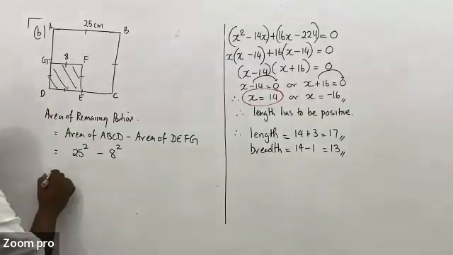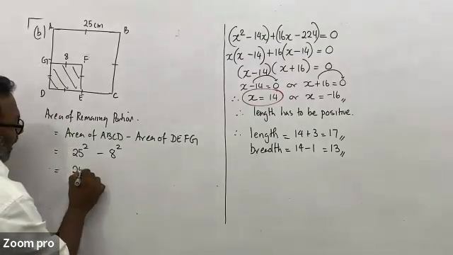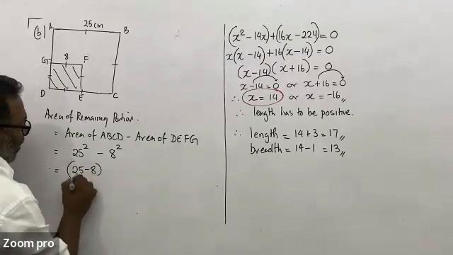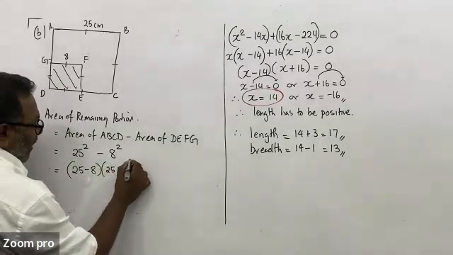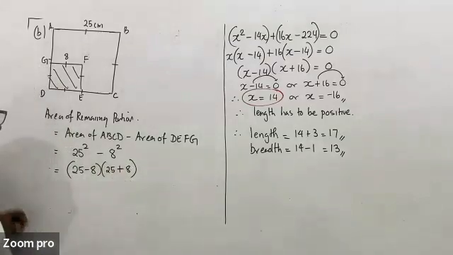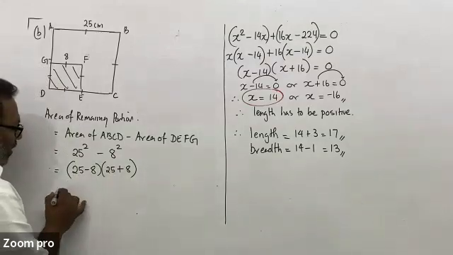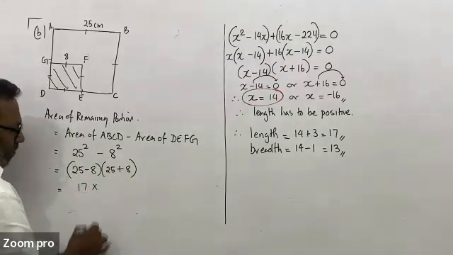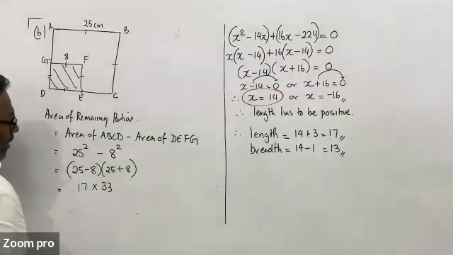Our knowledge of binomial factorization, 25 minus 8 is one factor. Same thing, 25 and 8, but the other one is plus. Right? So 25 minus 8 is how much? 17. 25 plus 8 is how much? 33.